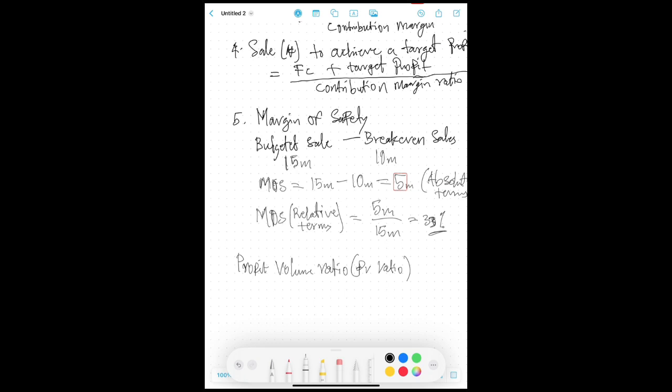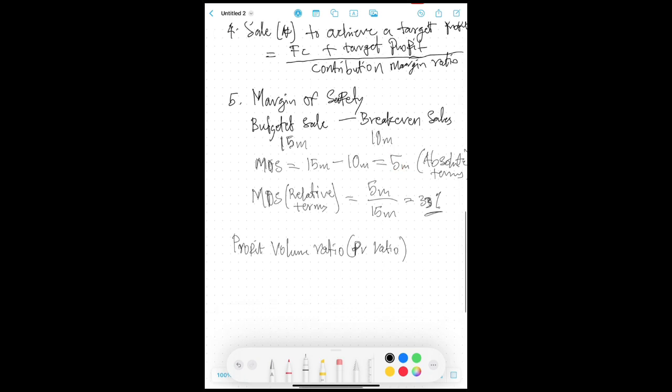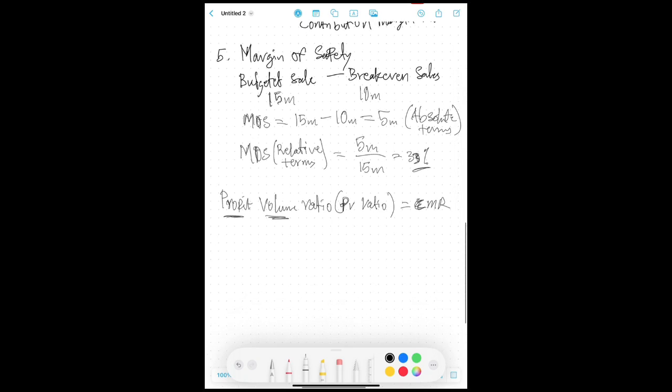The profit volume ratio is calculated the same way as your contribution margin ratio. This profit volume ratio just studies the relationship between your profits and the volume of activity, only between these two, costs not involved. Like the CVP, the cost volume profit analysis, is talking about the relationship between cost, profit, and volume of activity. But here we are looking at profit and volume of activity, which is different.